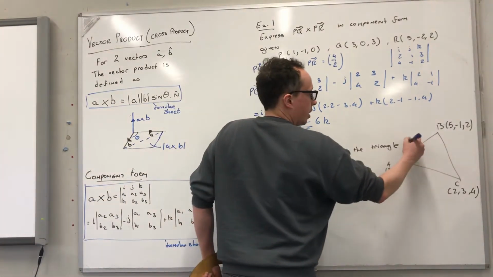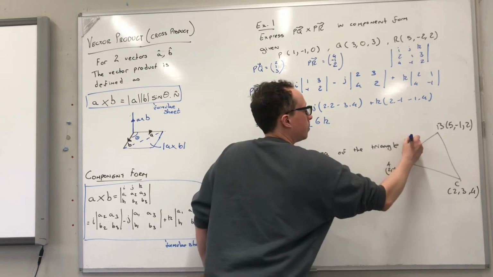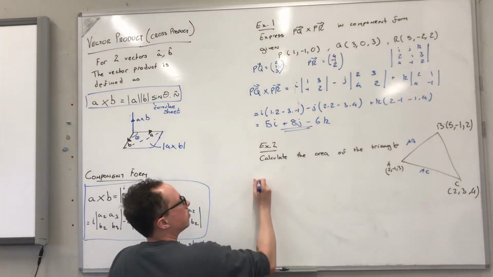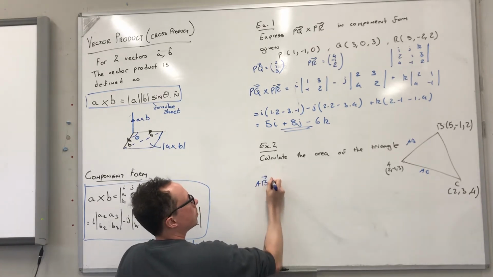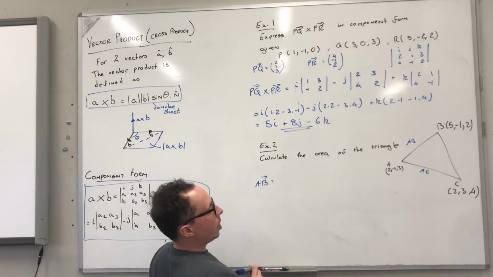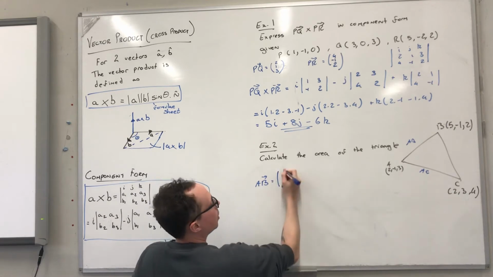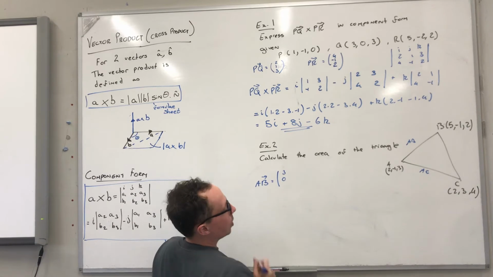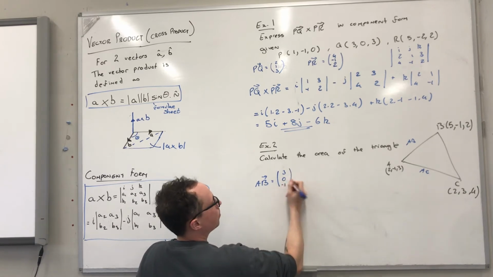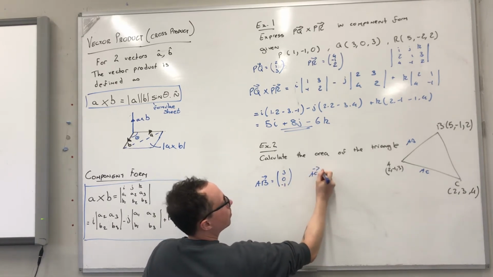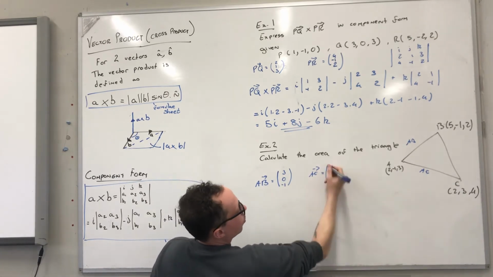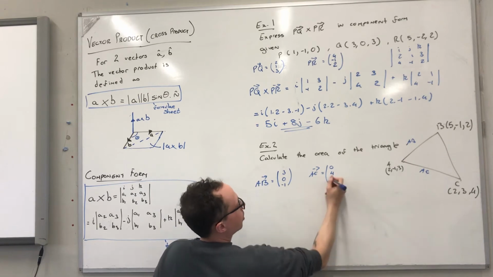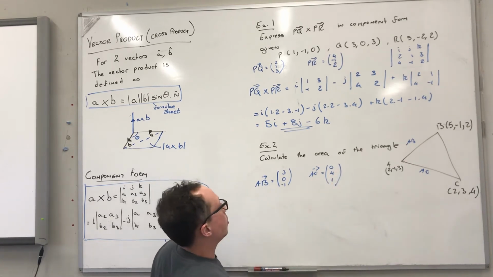So let's find AB and AC. AB will be B minus A, so 5 minus 2 is 3, negative 1 minus negative 1 is 0, 2 minus 3 is negative 1, and AC, 2 minus 2 is 0, 3 minus negative 1 is 4, 4 minus 3 is 1.